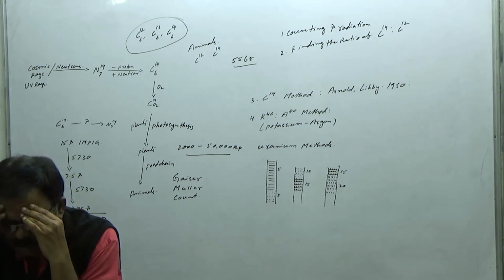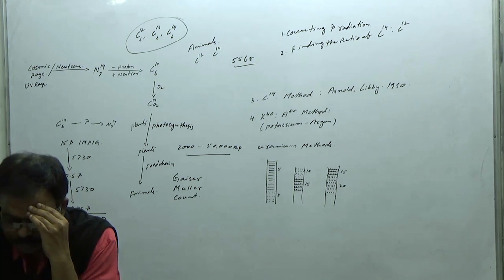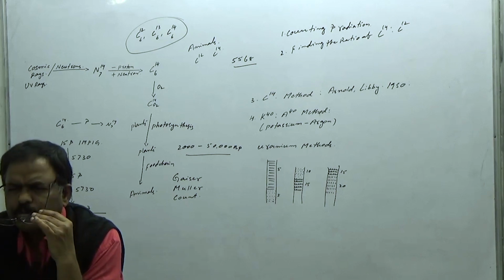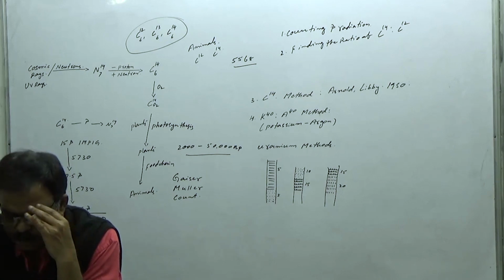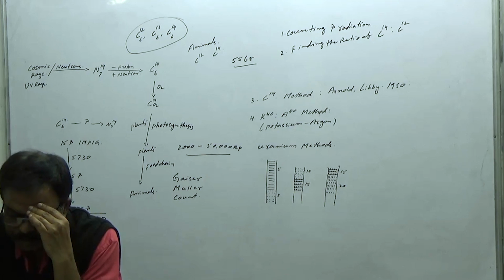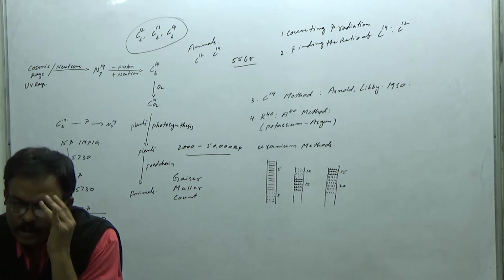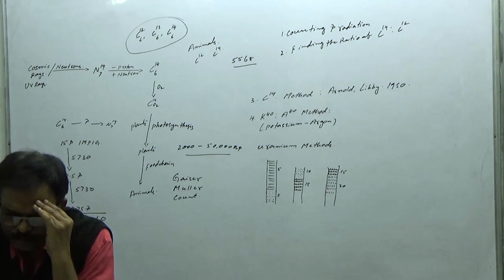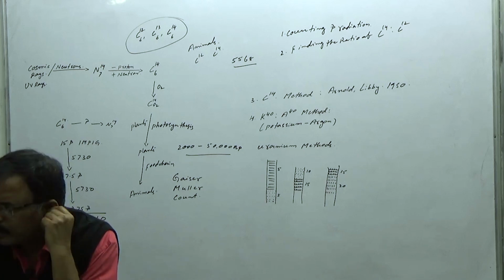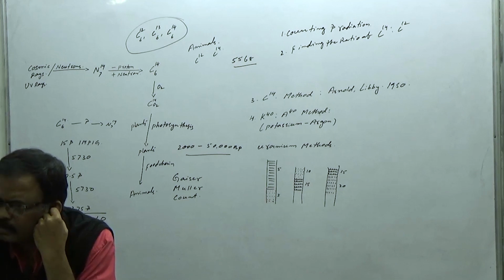When these neutrons pass through the nucleus of nitrogen, nitrogen loses one proton and gains a neutron.